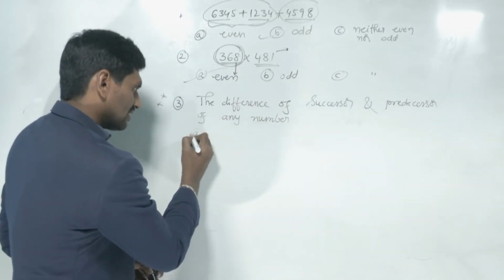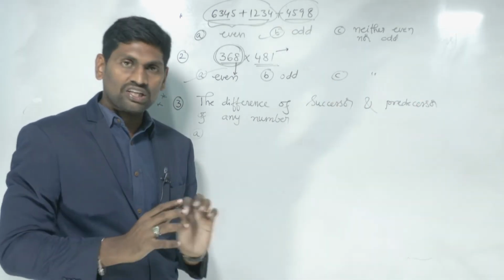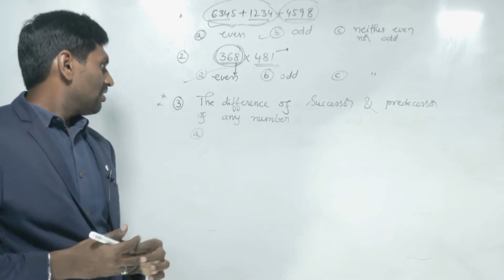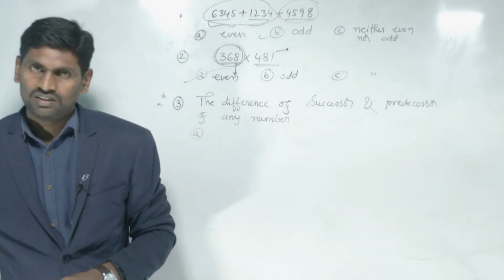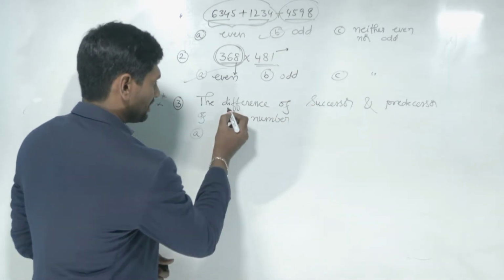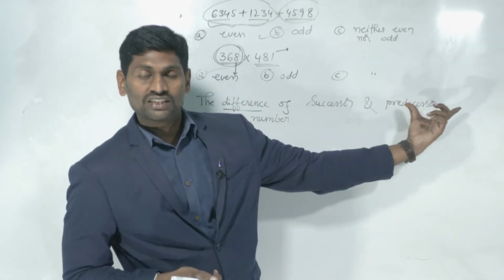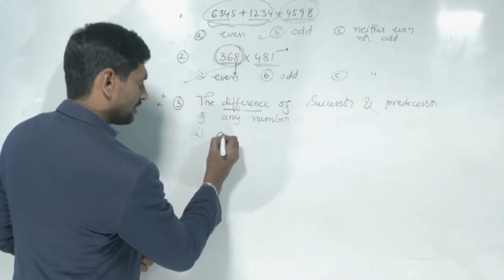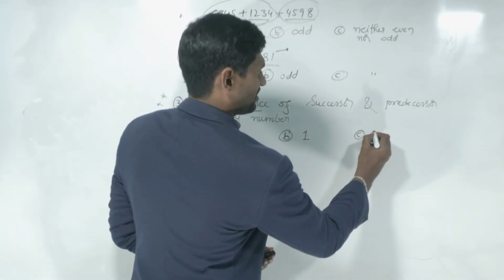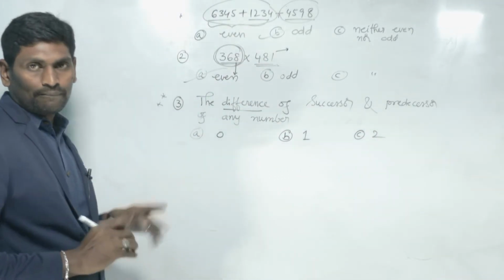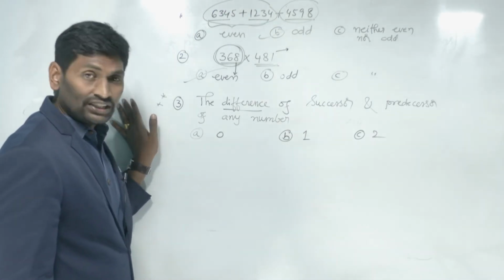I have not given any number here to find the successor or the predecessor, but I am asking the difference. Difference means subtraction. So the difference of the successor and predecessor of a number is: option A 0, option B 1, option C 2. Just think about it.